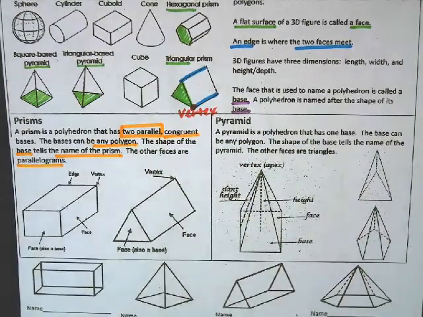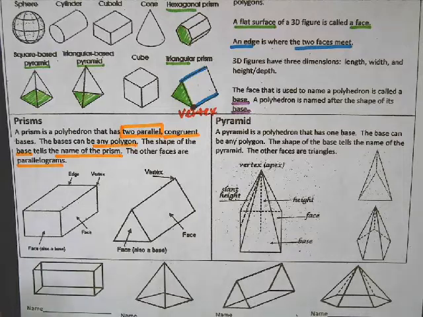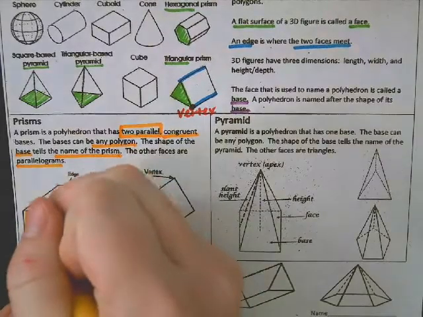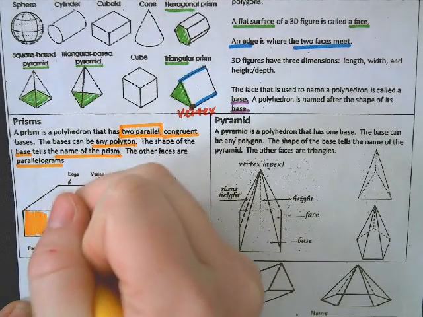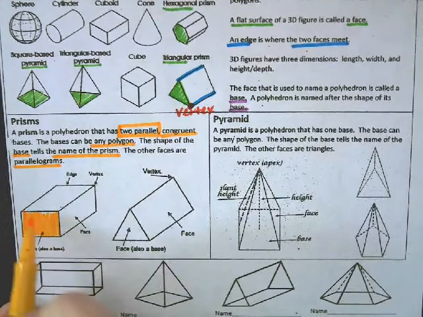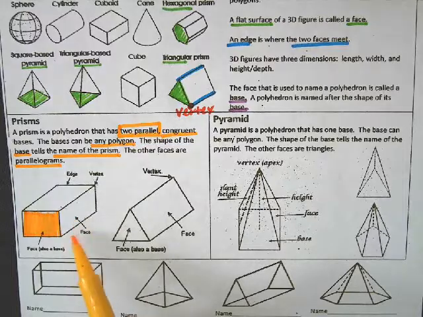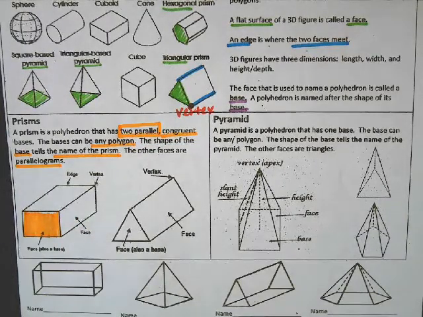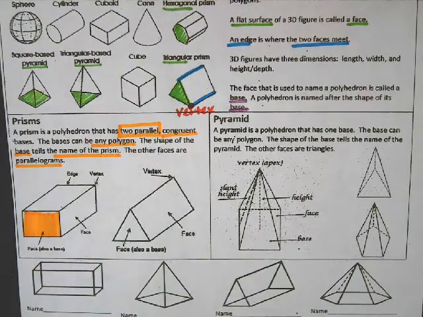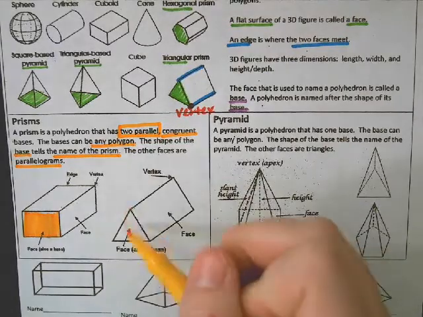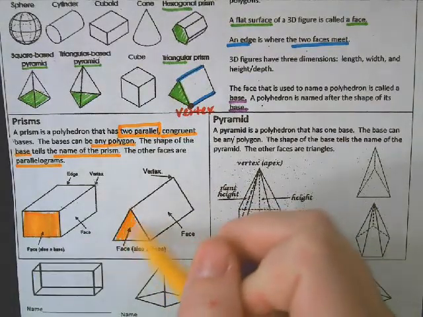So, for example, looking at this, I see the face, remember, can also be the base. Okay, here's the face, and all the other sides are a parallelogram. Looking at this one right here, I see I have a face of a triangle.